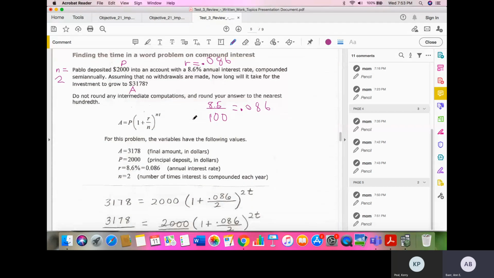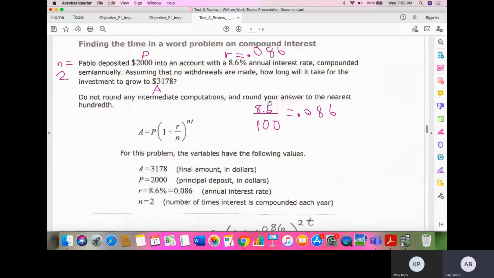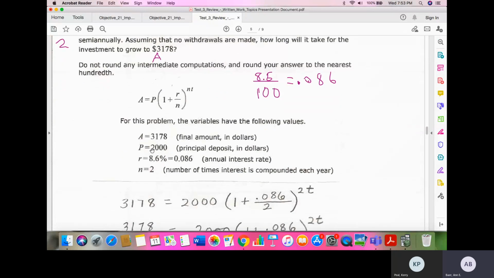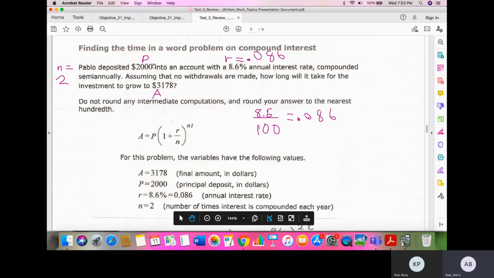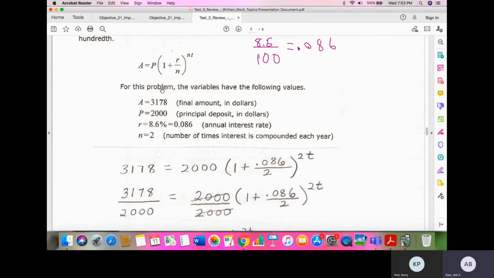So let's plug everything in, starting with the A. Let's go from left to right. Our A is $3,178. So I plug that in on this side. It's a lonely number. It's on this side by itself. Equals P. Our P is $2,000.